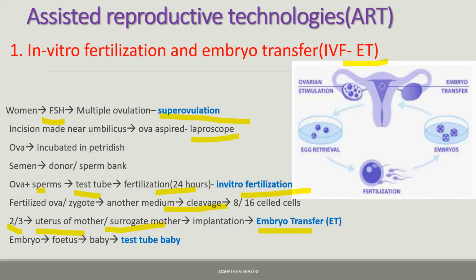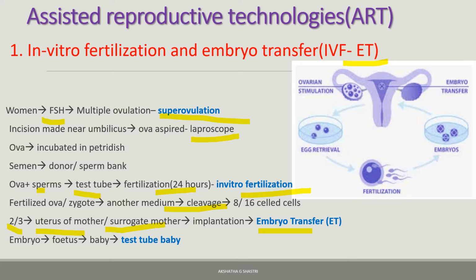Then the embryo which gets implanted develops into a fetus, and whatever the others are, they may degenerate. So we are adding 2 to 3 in order to confirm it. Sometimes we can see triplets, or else twins.